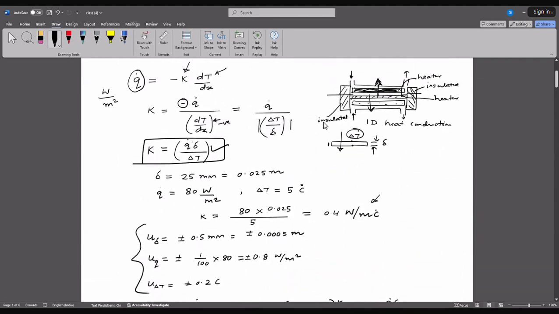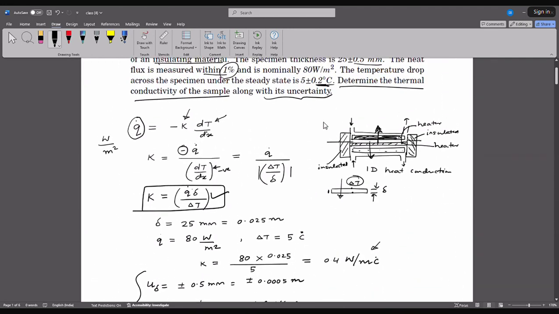So this we had derived while solving the previous question. We started with the Fourier law of heat conduction. Q dot is minus K into dT by dx. The dT by dx is basically the gradient, which is approximated as delta T over delta.